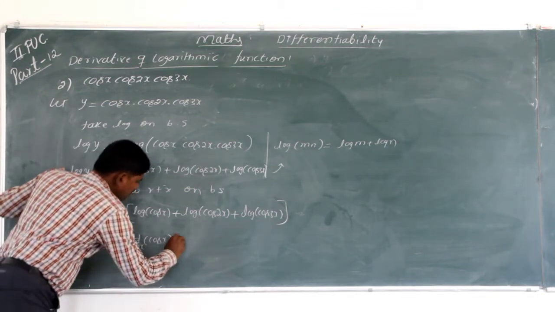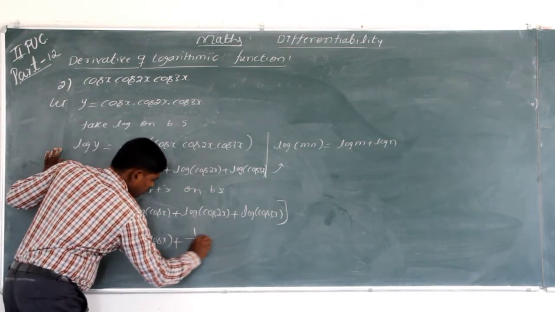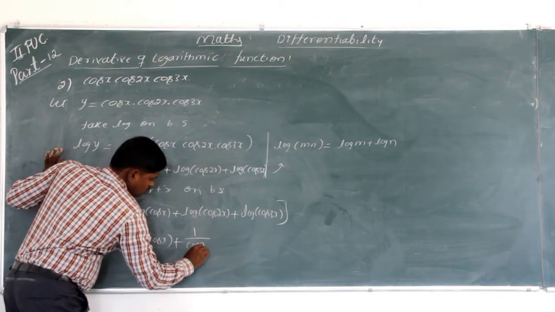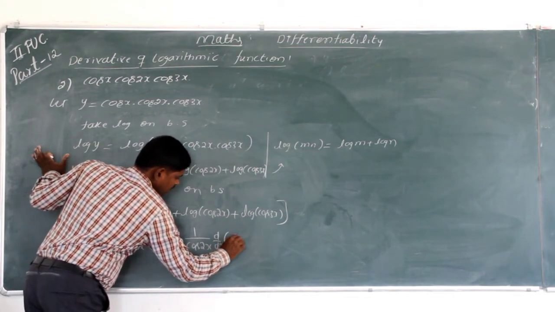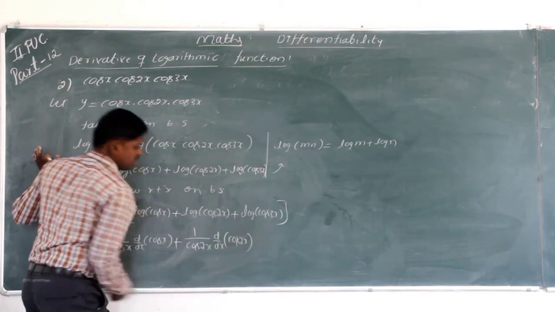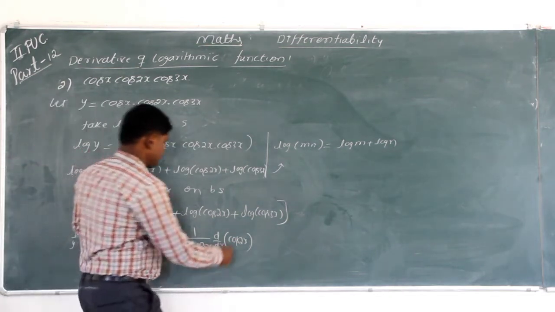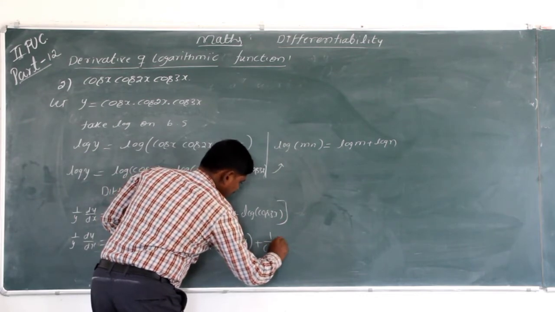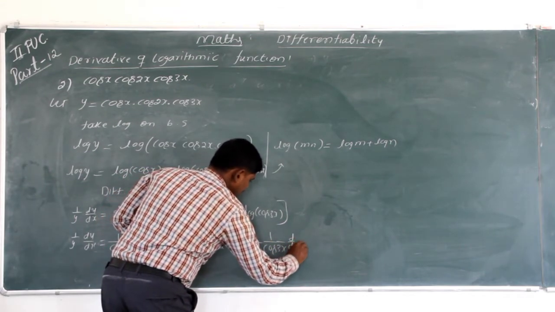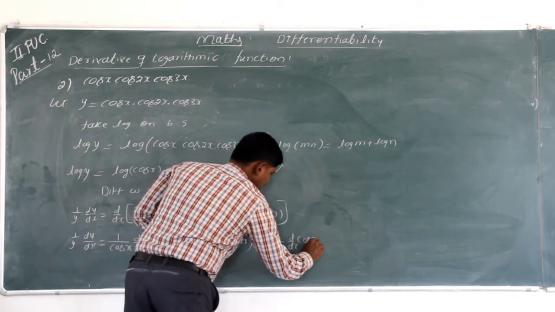Plus 1 by cos 2x into d by dx of cos 2x, plus 1 by cos 3x into d by dx of cos of 3x.